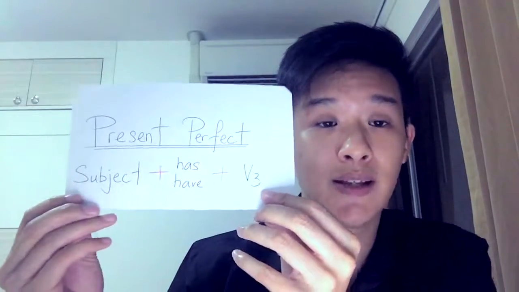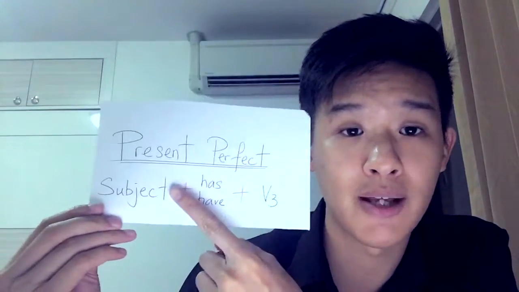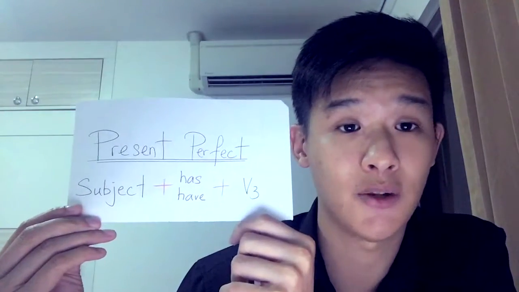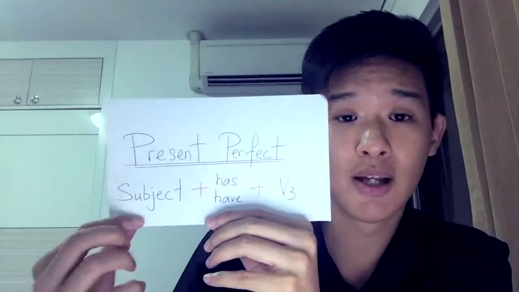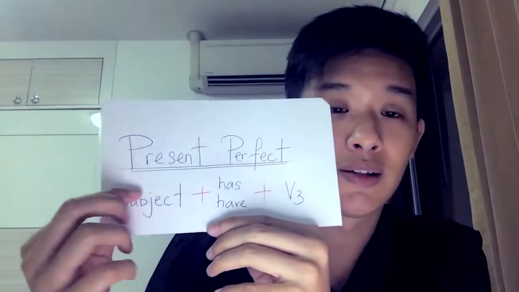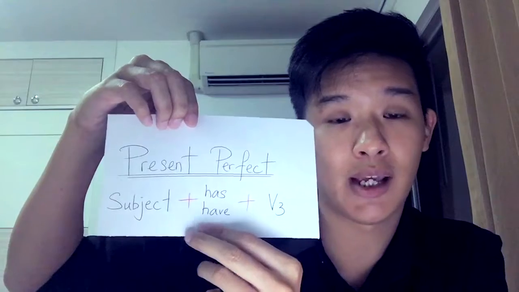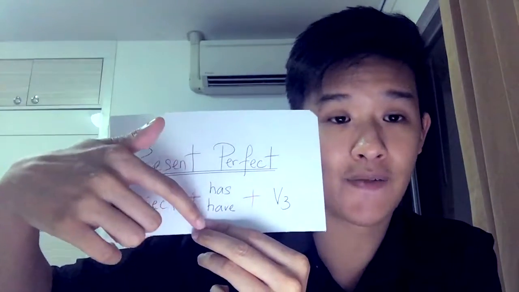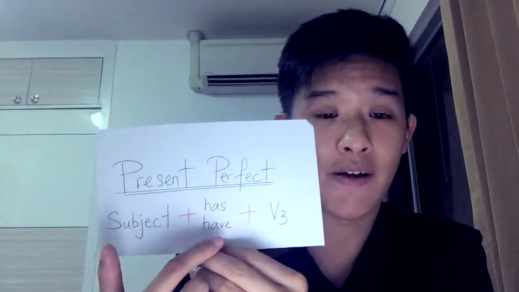So this is the formulation for present perfect. With the subjects I, you, they, we, we use have. I have, you have, we have, they have.